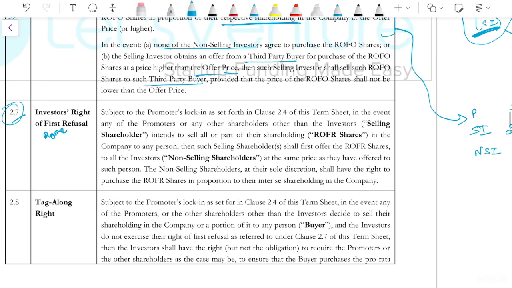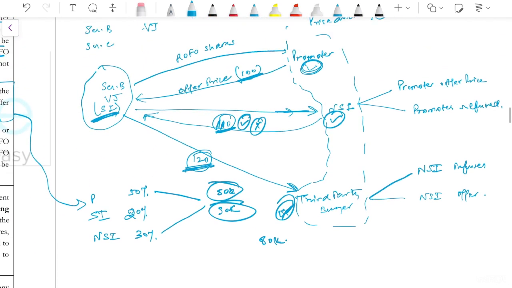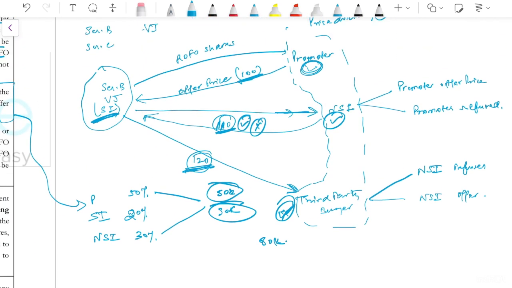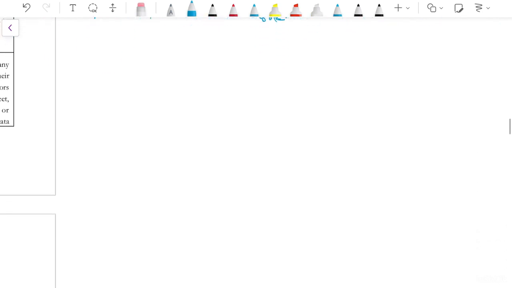So see, within ROFR, what happens? Now let's just quickly recap. In ROFO we said that if we want to sell the shares to someone, we have to first go to the promoters or the non-selling investors, and then we can go to a third party, right? Now, in case of ROFR, what happens? Let's say I want to sell my shares to a third-party buyer at 100 rupees per share.